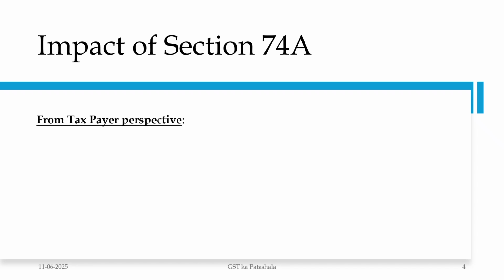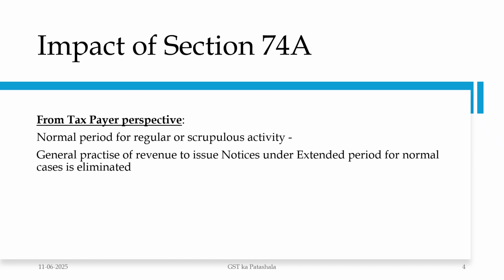Impact of this Section 74E compared to the existing provisions of 73 and 74. From the taxpayers' perspective, this is a welcome move. Generally, it is a practice at the department that cases involving fraud, suppression, willful misstatement, we call that an extended period.